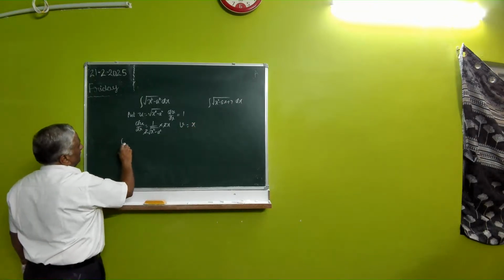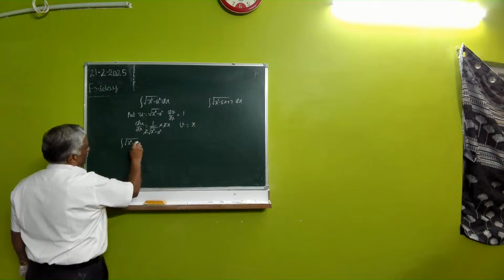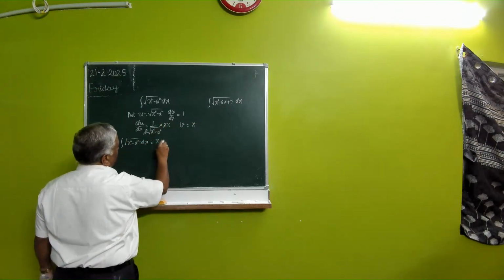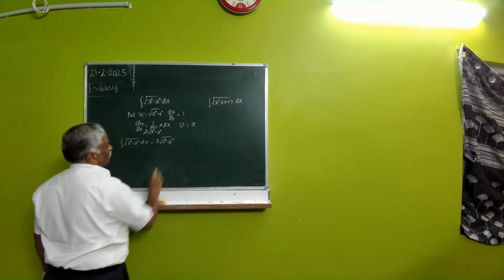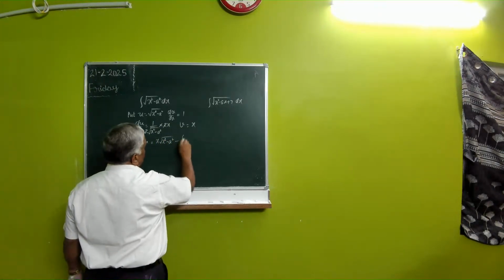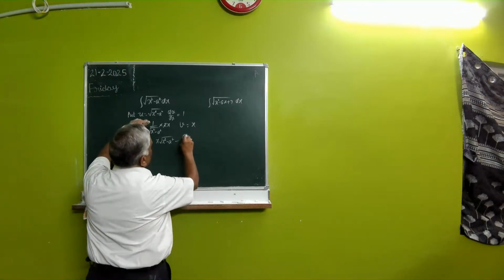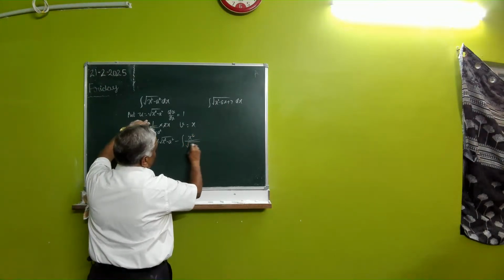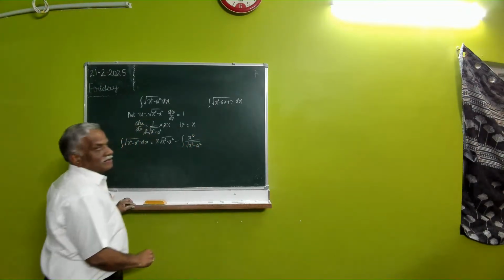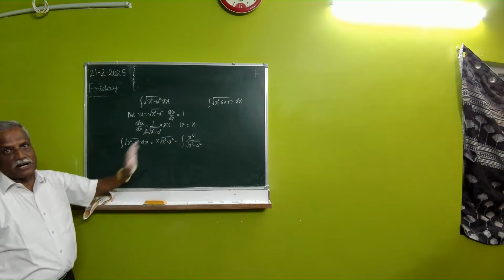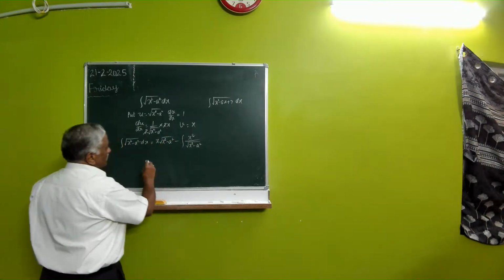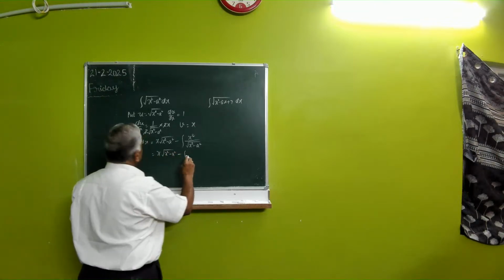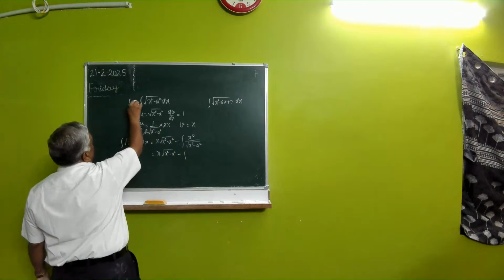So integration of root of x square minus a square dx is equal to uv, x into root of x square minus a square, minus v into du by dx. So this we are going to multiply. We will get x square over root of x square minus a square. I am writing it directly because this is the third problem we are working. So what is the adjustment you should do? Call the given problem I. That's very important.